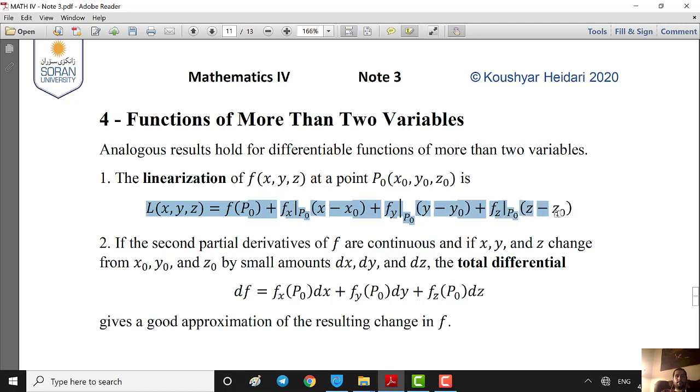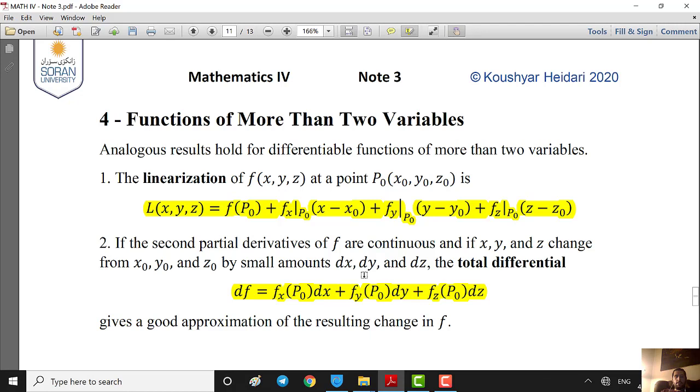Okay? Now, the second generalization says if the second partial derivatives of f are continuous and if x, y, and z change from x0, y0, z0 by small amounts dx, dy, and dz, then the total differential df equal to f_x at P0 dx plus f_y at P0 dy plus f_z at P0 dz gives a good approximation of the resulting change in f.